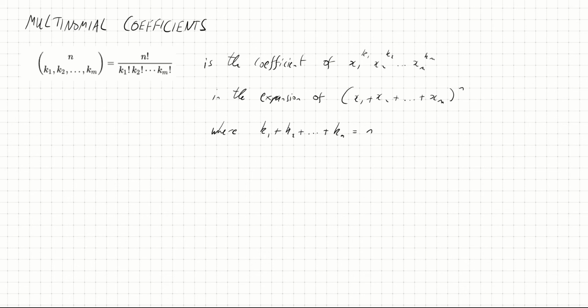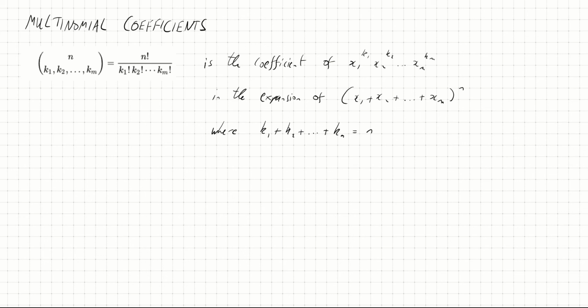Here we have brackets with m terms inside raised to the power of n, and then this multinomial coefficient, which is defined by n factorial divided by k1 factorial times k2 factorial multiplied by all the way up to km factorial, gives us the coefficient of x1 to the k1, x2 to the k2, up to xm to the km, wherever k1 plus k2 plus up to km is equal to n.